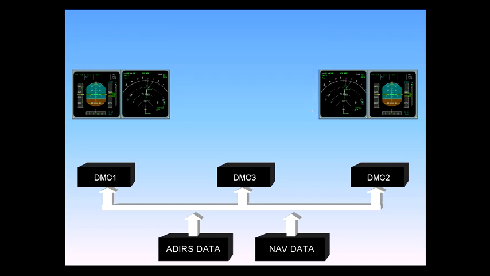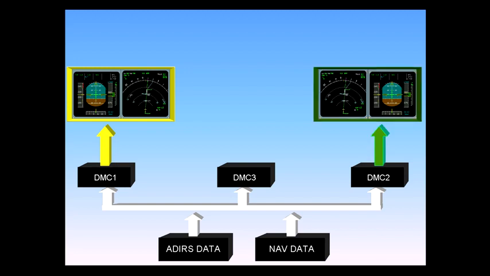The three identical DMCs process the data and generate the images to be displayed. Under normal circumstances, DMC1 supplies EFIS information to the captain's PFD and ND. DMC2 supplies the first officer's PFD and ND. DMC3 is available as a backup.